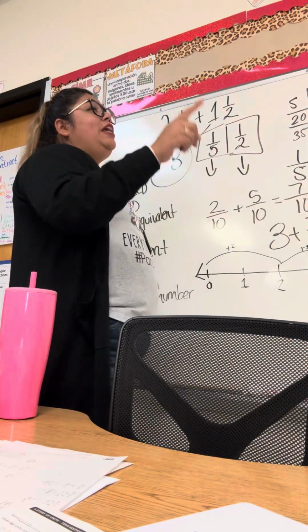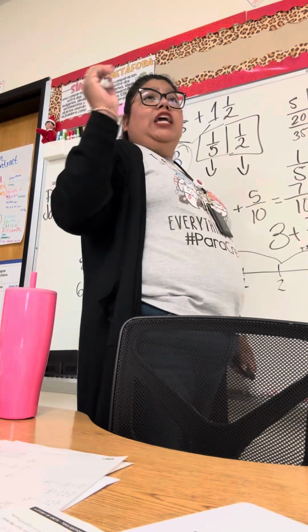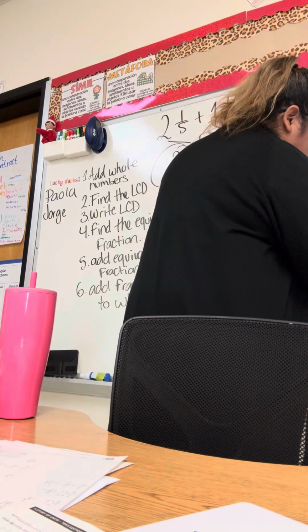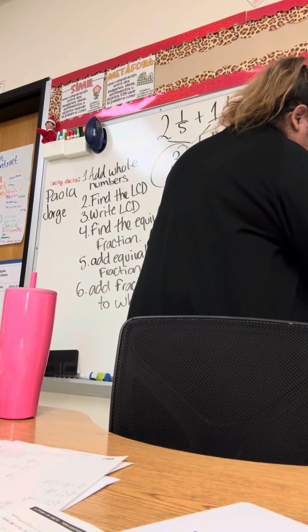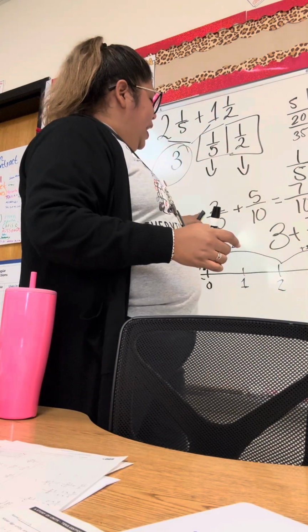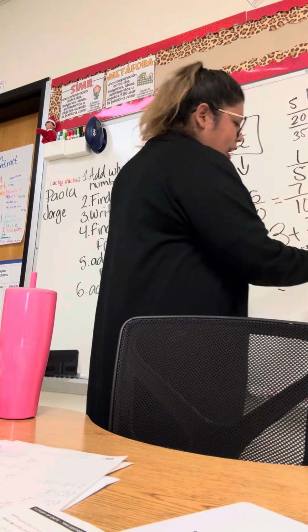Okay, so we find it and we know it's 10, so we're gonna divide this into 10 sections. 1, 2, 3, 4, 5, 6, 7, 8, 9. I only have to do 9 because that represents 10 10s. And I'm gonna add 2 10s, so that's 1, 2, and then another 5.